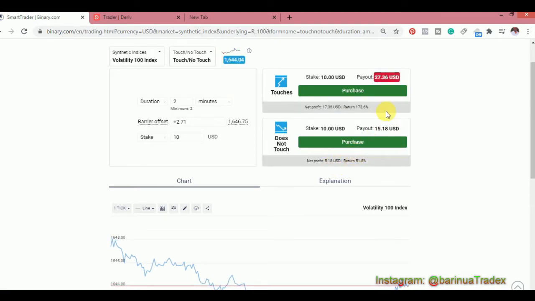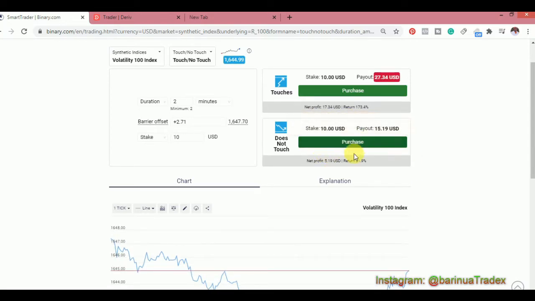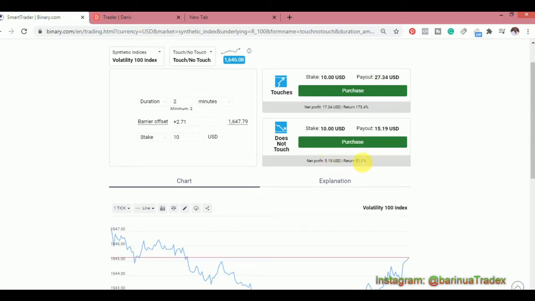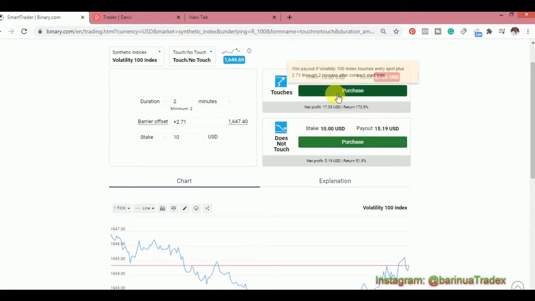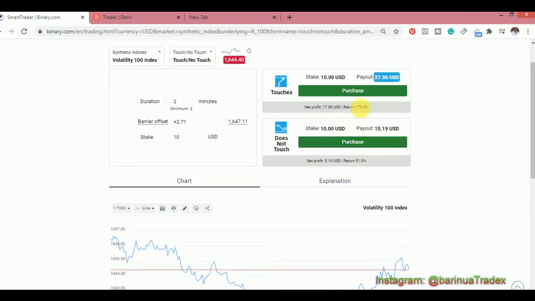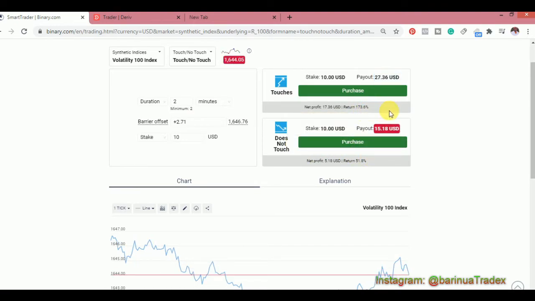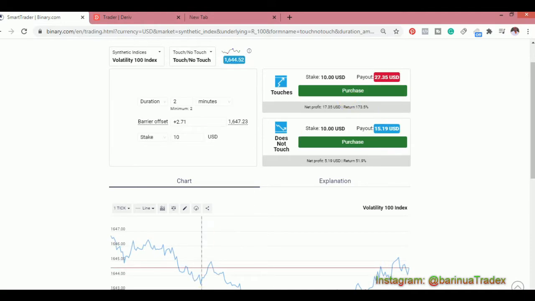In the next video I'm going to show you how you can reverse the situation, such that if you're working with a different trend that is on the higher side, this 51% here will be for touches, and then this does not touch here will be about 173%. I'm going to show you in the next video how you can do that.